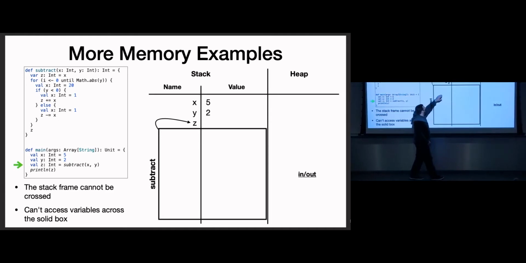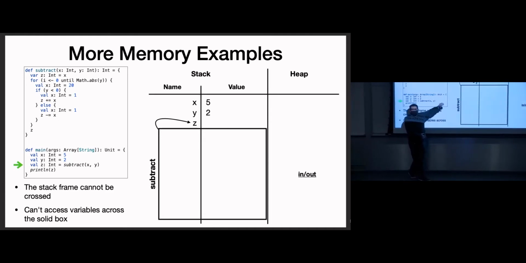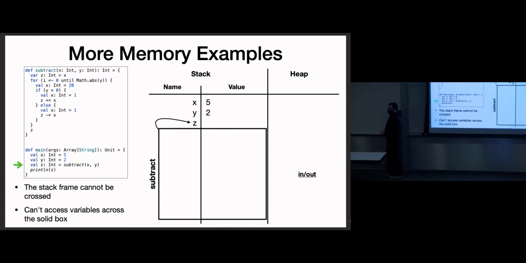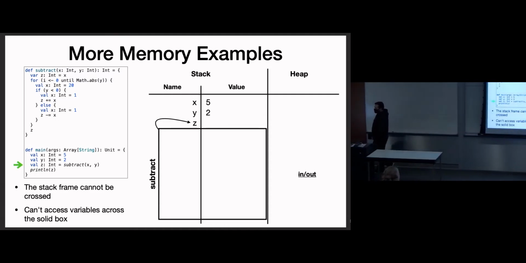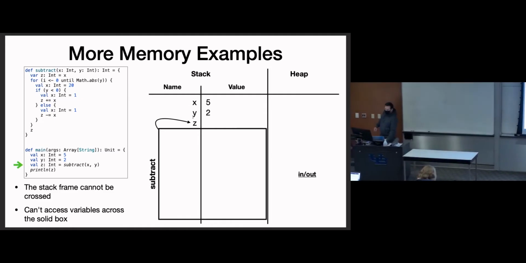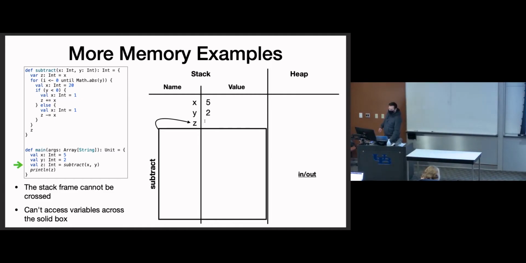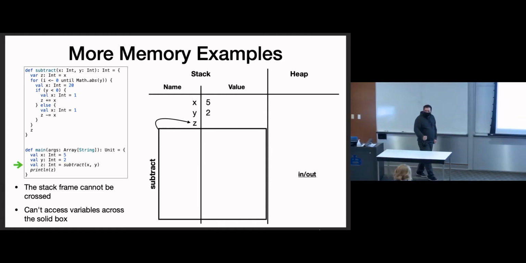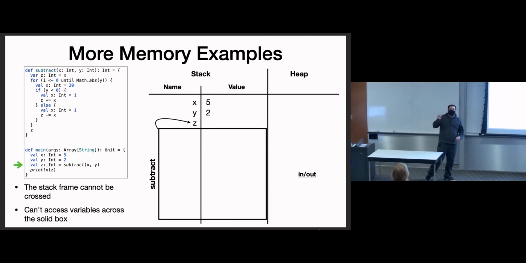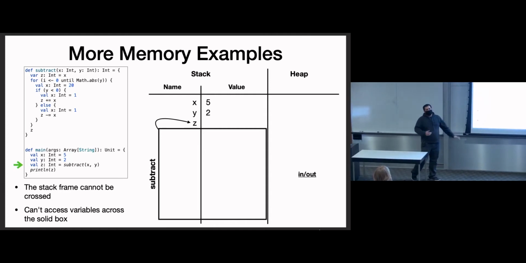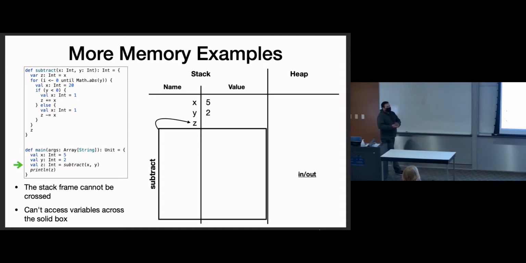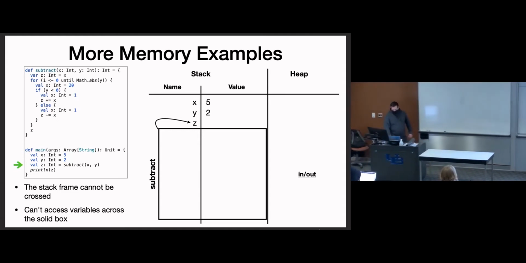You can't access anything else on the stack that's outside of that box. We have no access to the variables x, y, and z outside of this box. No access at all. We cannot reach them. Solid boxes can't be reached. Solid box indicates a stack frame. A stack frame is created whenever we have a method call, or later in the course function calls as well. Can't cross stack frames, completely separate environments.